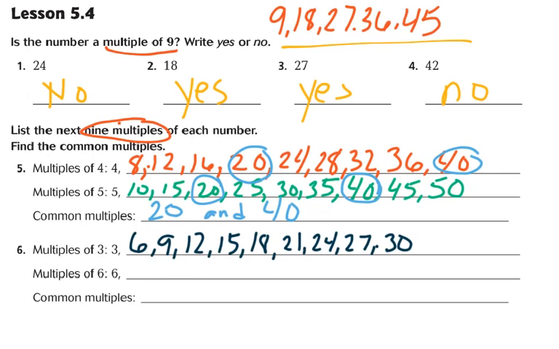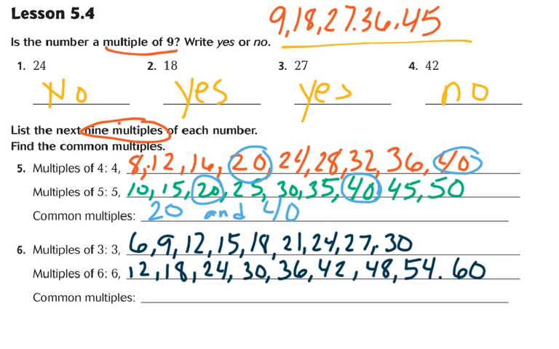Now 6 is 6, 12, 18, 24, 30, 36, 42, 48, 54, and 60. What do these have in common? 12, 18, 24, 30.